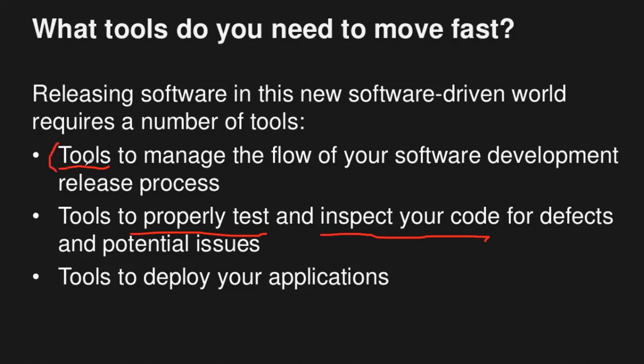Tools means you are about to do task one, and to do this task one I am not expecting a manual way, because we are talking about DevOps. So what is the equivalent tool to do task one? You also need to do task two, so you need to find the equivalent tool for task two.